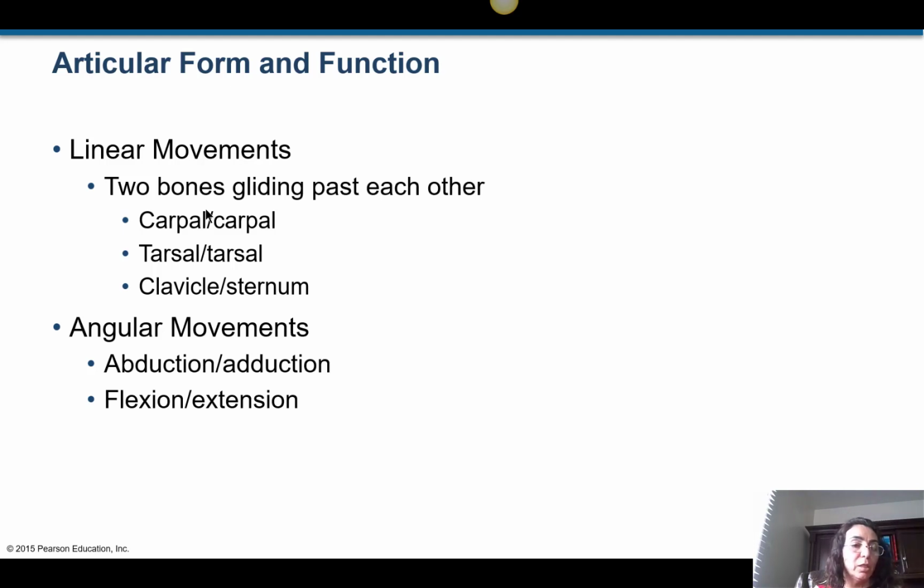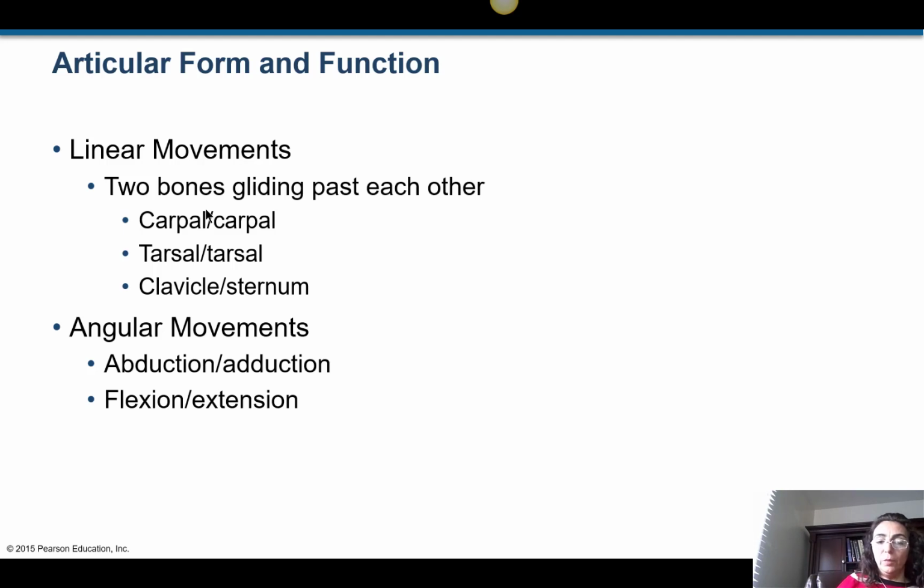Then we said that the second type is the angular movement. If they are in the frontal plane, you remember this is the frontal plane. If these movements happen in this plane, like if I move my arm up and down on my side in this plane, this is called abduction and adduction. Which one is abduction?